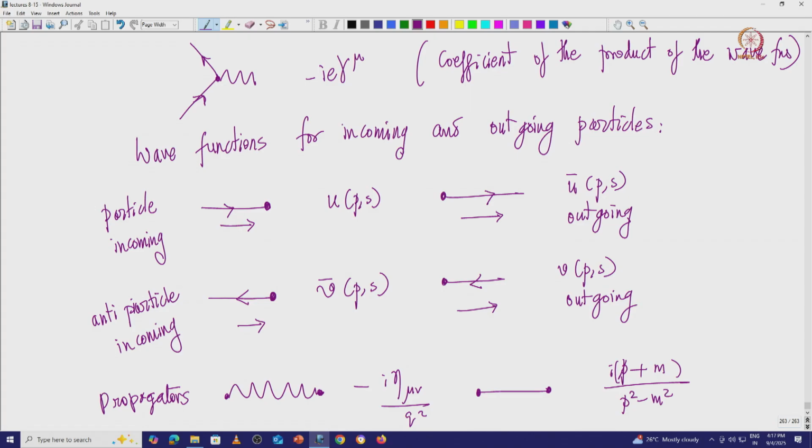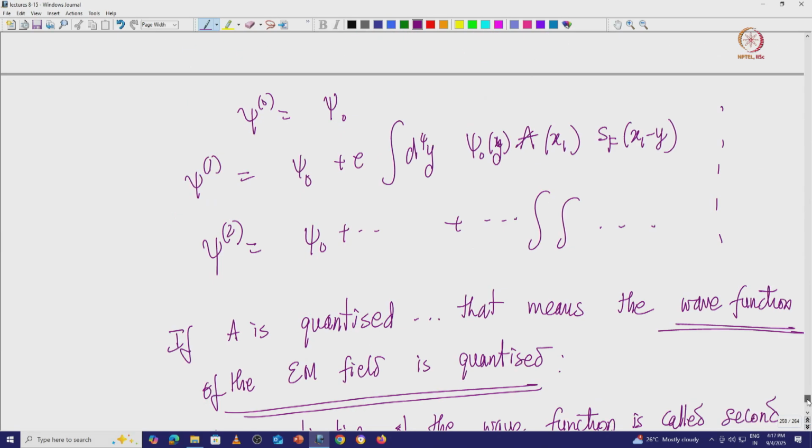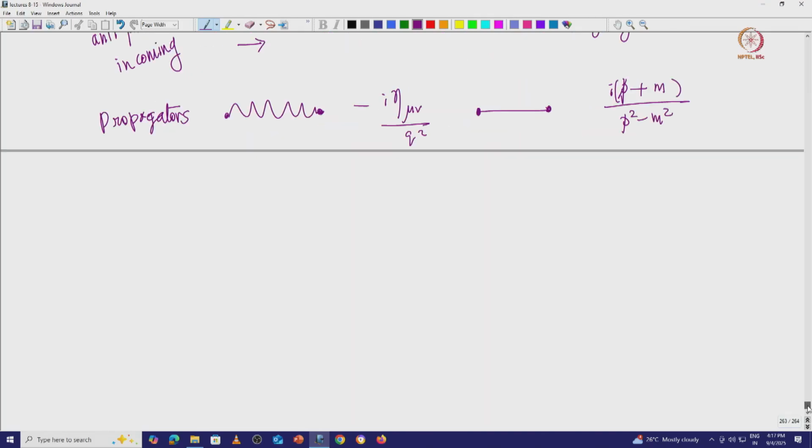With this we are in a position to do some calculations. When I say simple tree level QED process, let me not call it simple because it may lead to misunderstanding.